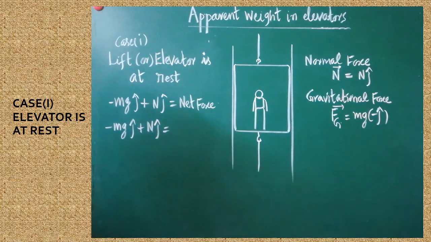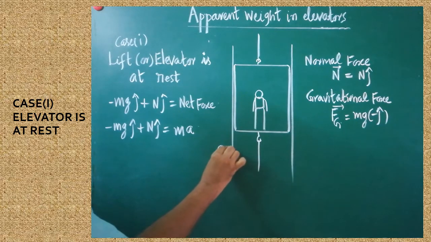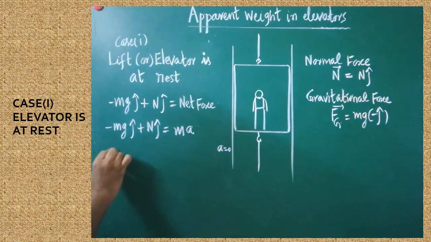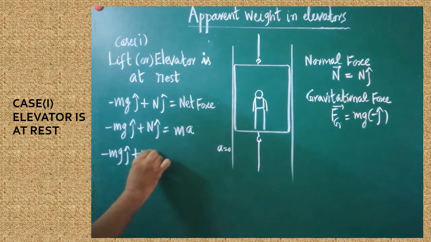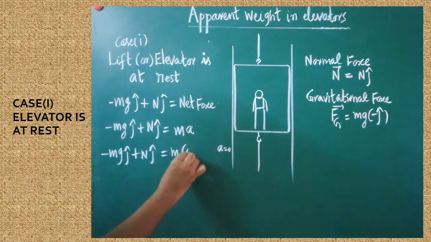What is the formula to calculate the net force? Here the lift is at rest. Are you clear? m into a must be written. Since it is at rest, the acceleration of the lift must be taken as 0. Therefore, it must be written as minus mg j cap plus N j cap is equal to, substituting 0 instead of a.